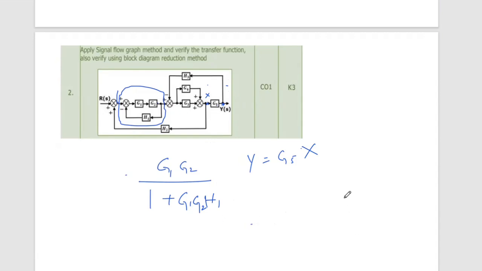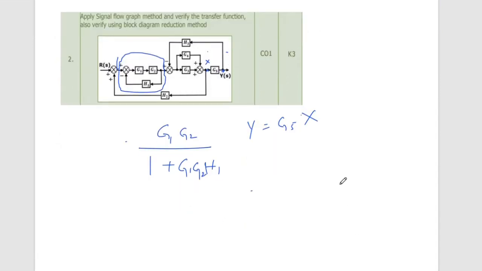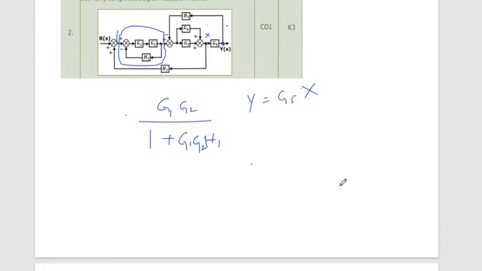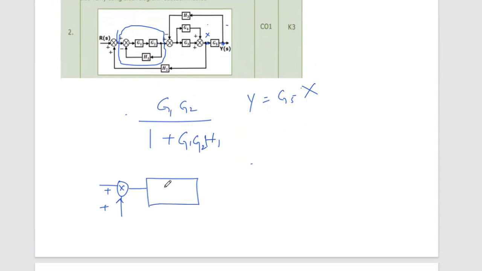So let me draw this. H3 times G5 on that feedback. Plus, plus. This is one block, which is G1 G2 by 1 plus G1 G2 H1.